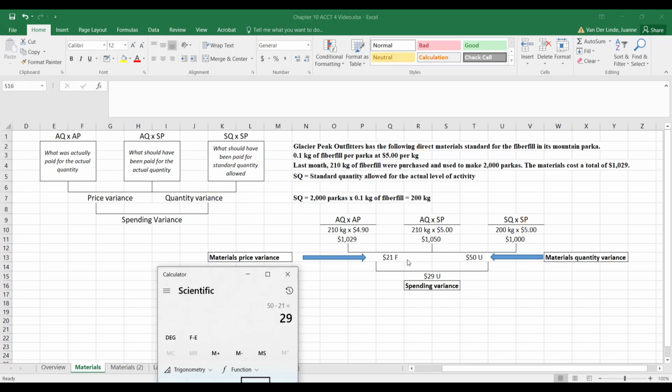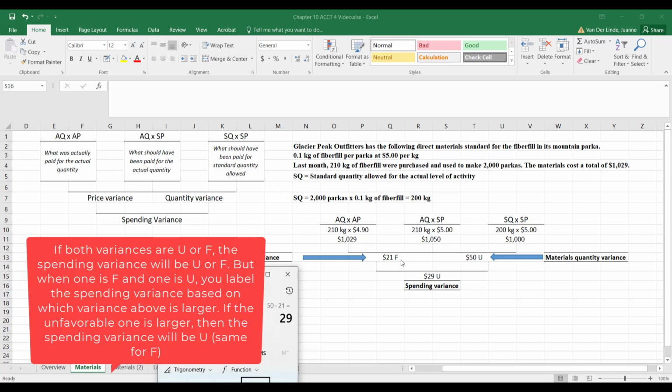So although we had a $21 favorable price variance, that was consumed in full by that unfavorable quantity variance. That smaller favorable materials price variance was overshadowed by that unfavorable materials quantity variance. So combined, we're left with an unfavorable spending variance of $29 here.